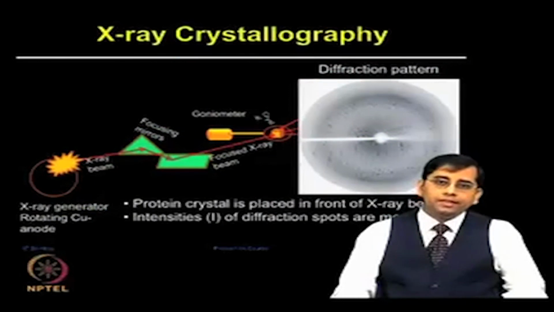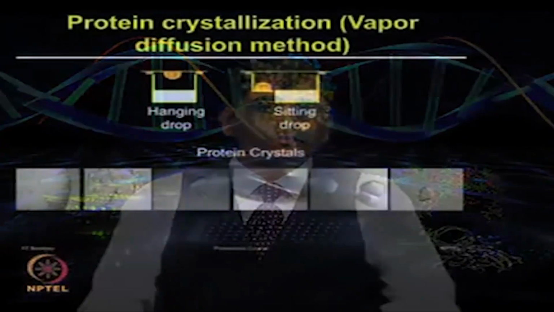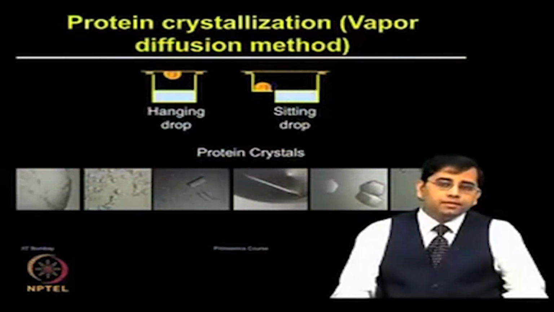The basic crystallography setup used in XRD is shown here. In this technique, the purified protein sample is first crystallized. For crystallization, the protein solution is mixed with crystallization buffer and the crystallization drop is equilibrated with the equilibration buffer at constant temperature. This process takes a few days to several weeks.